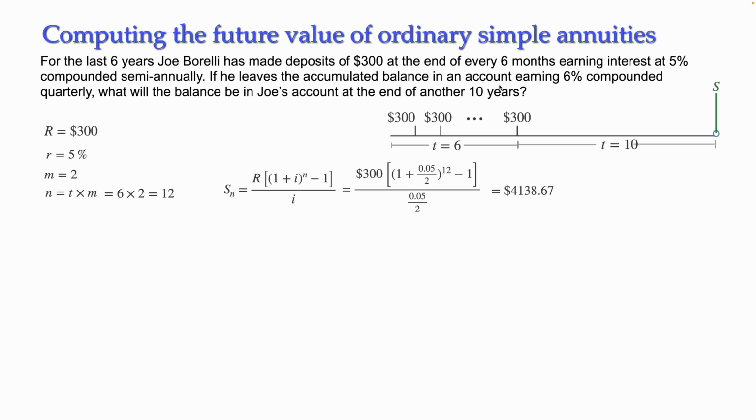This value will be the present value in the second part. So for computing the value of the account 10 years later, what we are going to do is use this as a present value. So the final amount in the first interval will be the present value of the second part. So the present value will be 4,138.67.